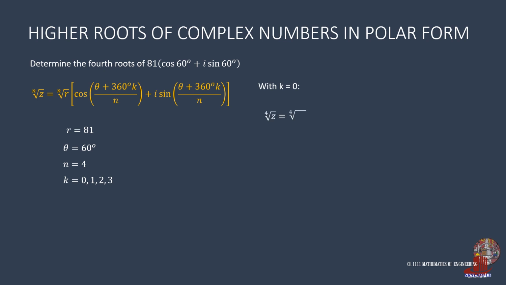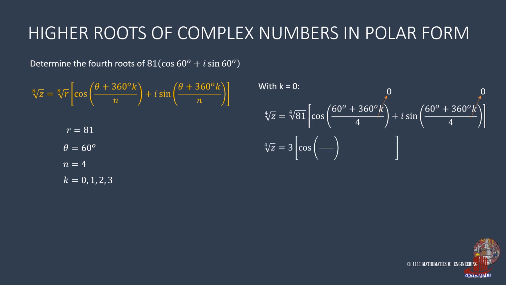With k as 0, use the long formula, plugging in r, theta, n, and k as 0, making the fourth root of 81 times cosine of (60 plus 0) over 4 plus i sine of (60 plus 0) over 4, which simplifies to 3 times cosine of 60 degrees divided by 4 plus i sine of 60 over 4. So the first root for the complex number is positive and negative 3 cosine of 15 plus i sine of 15 degrees.